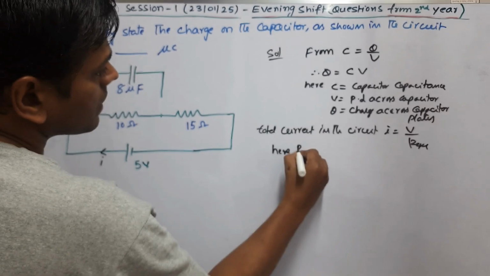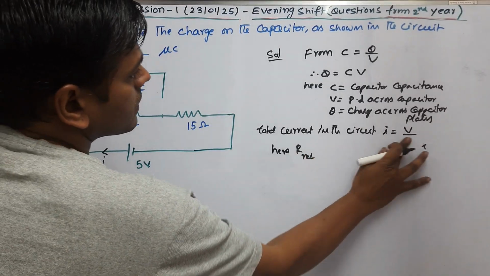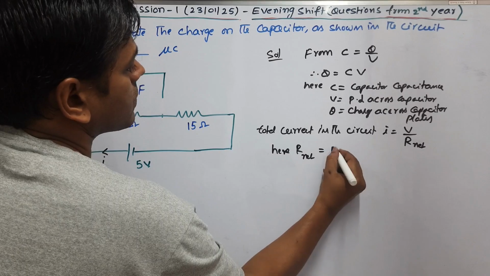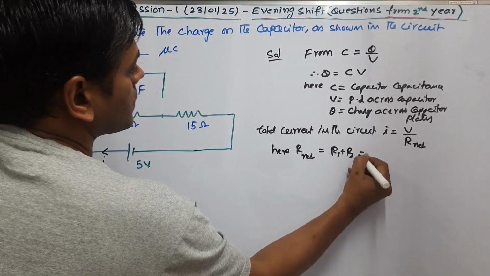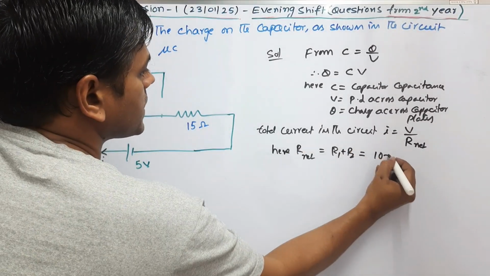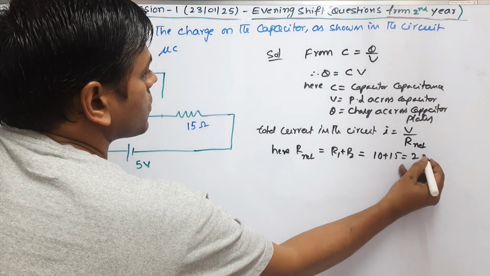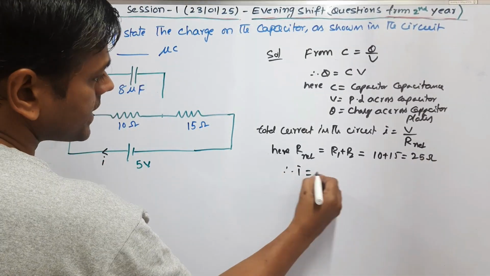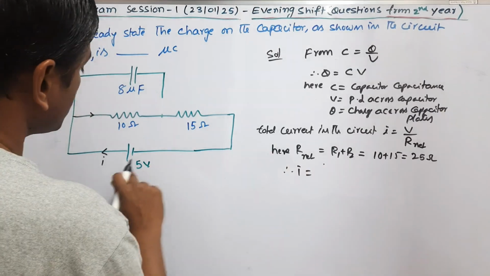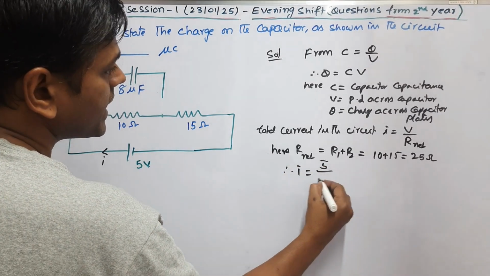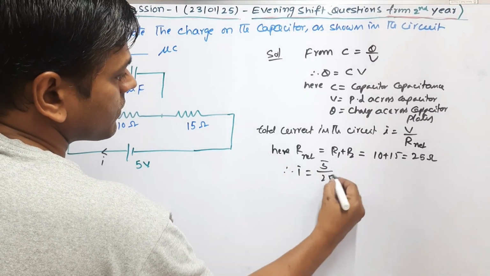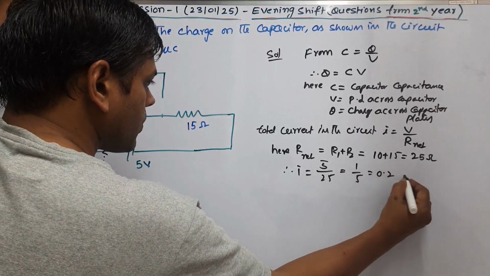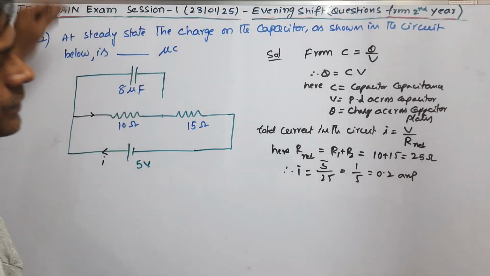R net is equal to R1 plus R2, 10 plus 15, equal to 25 ohm. Therefore, current I is equal to V by R net, 5 by 25, which is 1 by 5, equal to 0.2 amp.